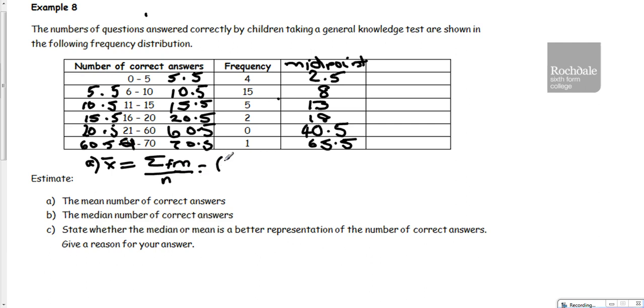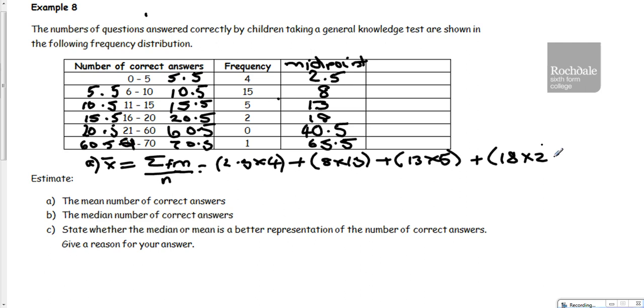So we've got 2.5 4 times. We've got 8 15 times. We've got 13 5 times. 18 twice. We've got 40.5 0 times. There's nothing in that interval. And 65.5 once.